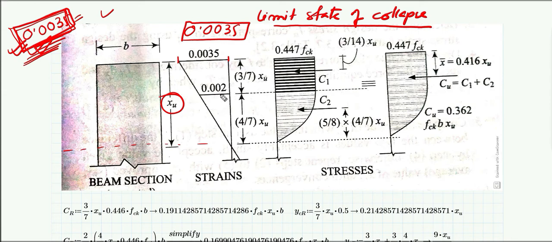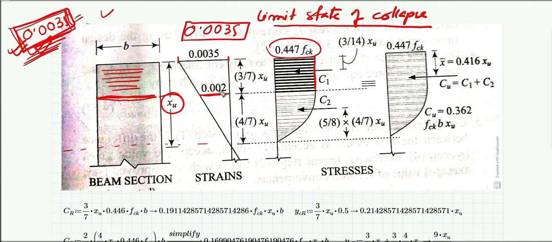Also, it has been assumed that up to a depth where the strain is 0.002, you have a rectangular distribution of stress. That means all the fibers above the location where the strain becomes 0.002 have the same stress value, that is 0.447 fck.